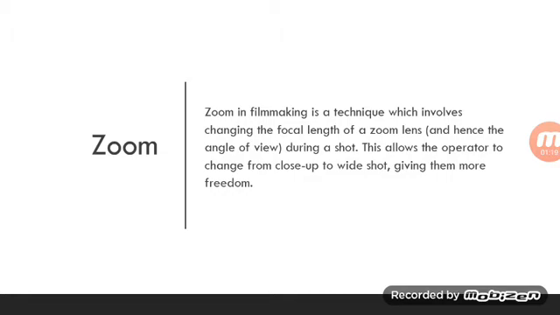Zoom in filmmaking is a technique which involves changing the focal length of a zoom lens and hence the angle of view during a shot. I advise that you zoom in and zoom out before you start recording.